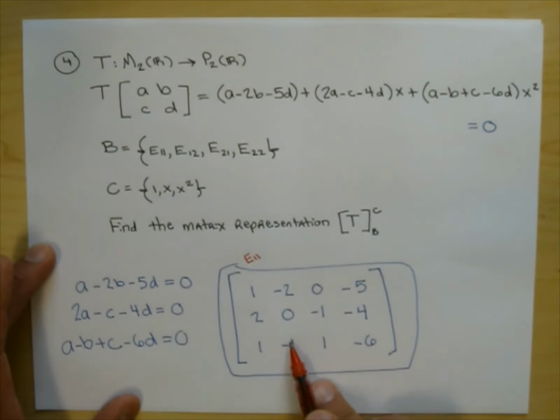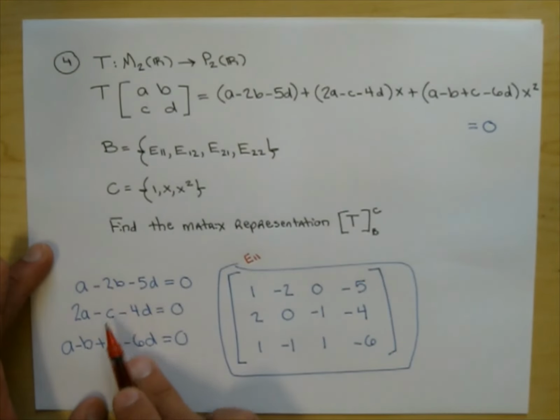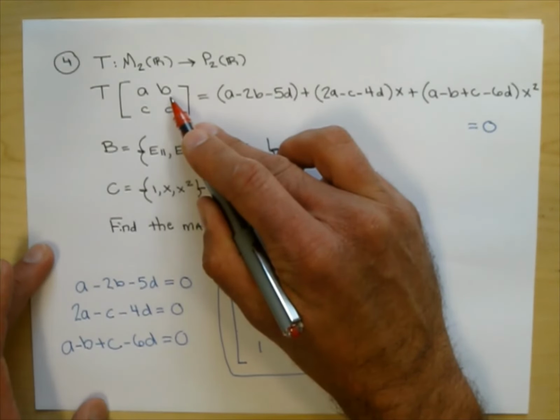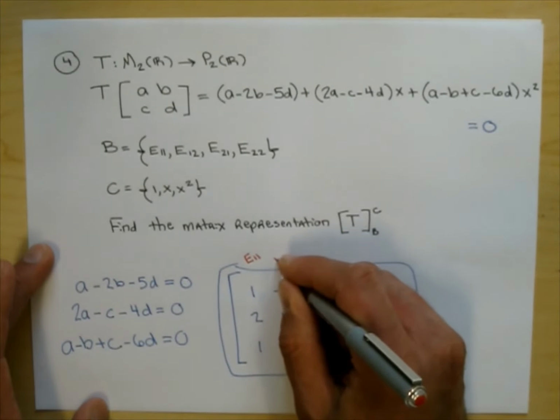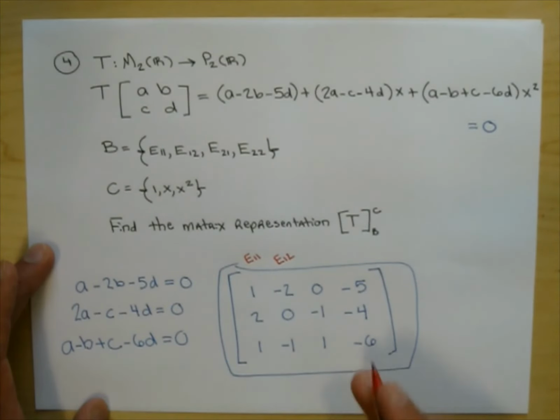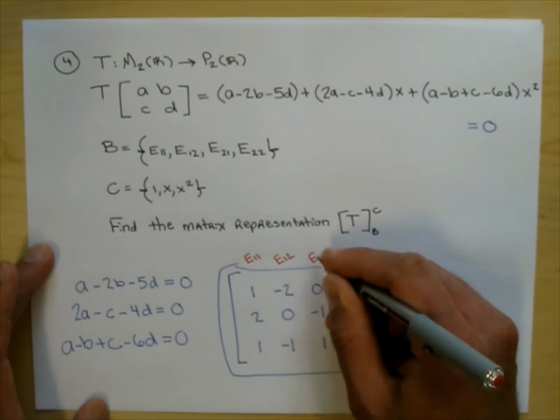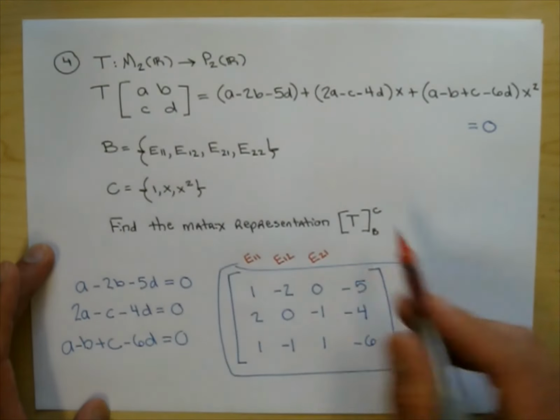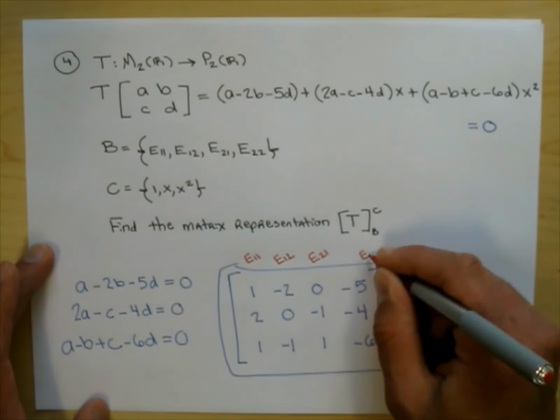Then this right here is B. Notice, here's negative 2B, there's not a B there, so there's a 0 and then a minus B. B is in the first row, second column, which corresponds to E12. This one is E21, that represents C. And then D is E22.